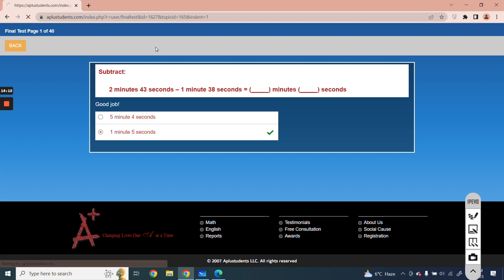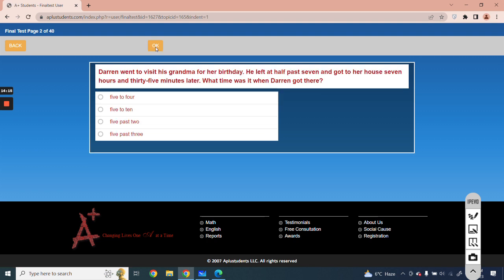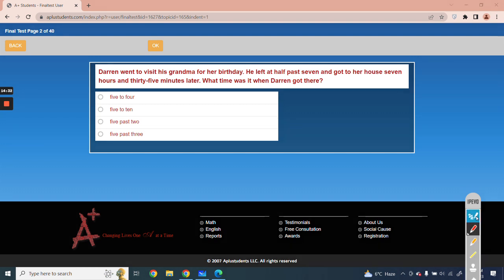Okay, the next one is, Darren went to visit his grandma on her birthday. He left at 7:30 and got to her house 7 hours and 35 minutes later. What time was it when Darren got there? So he left at 7:30 and got to her house 7 hours and 35 minutes later.